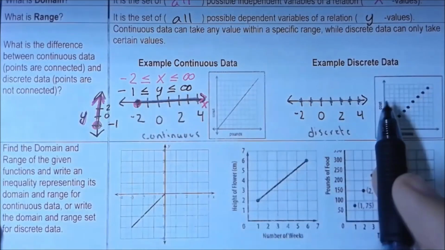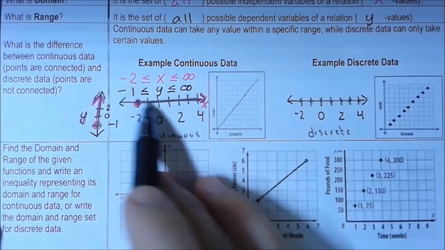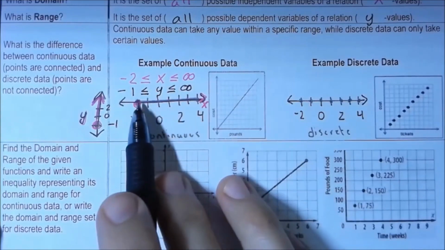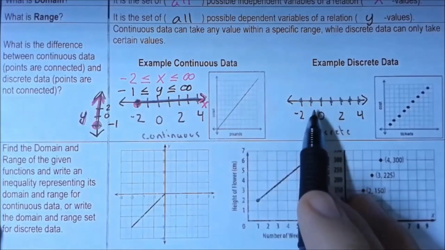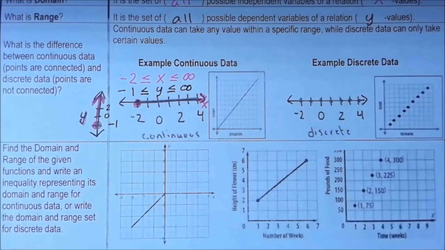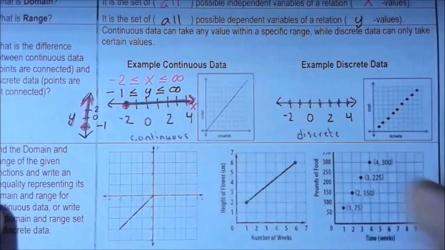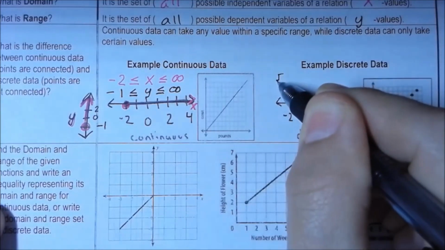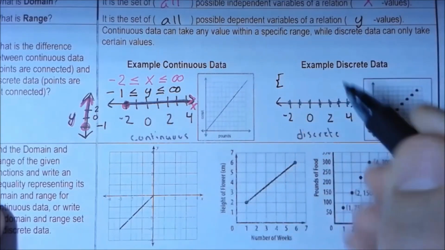Now, discrete data is not the same. We don't write inequalities because it's not everything in between, but specifically just the points that are listed. Let me give you an example of what that would look like. If we're writing discrete data, first of all, we're going to use brackets for our domain. That's going to represent my x.